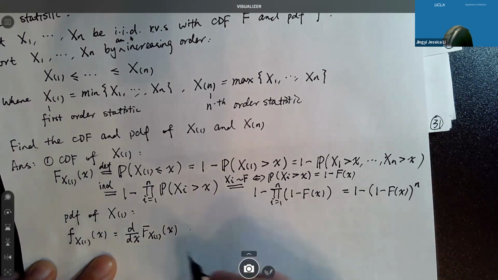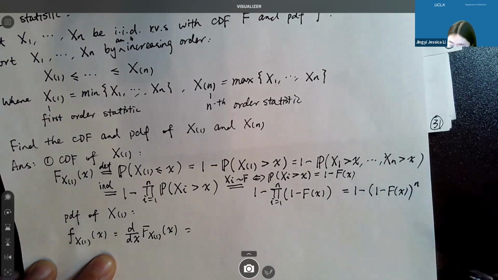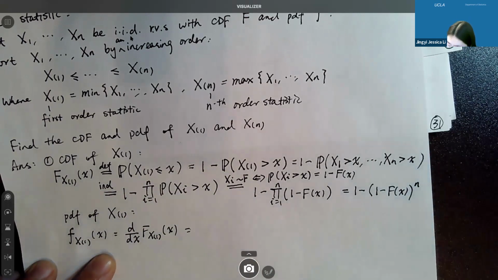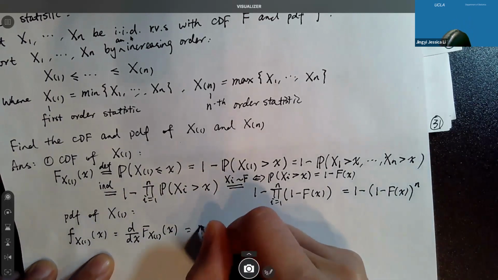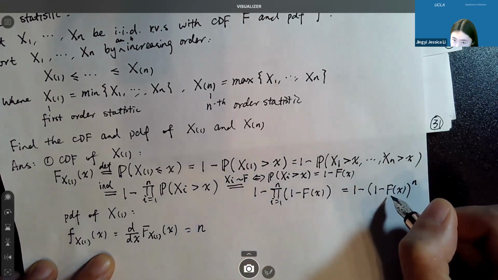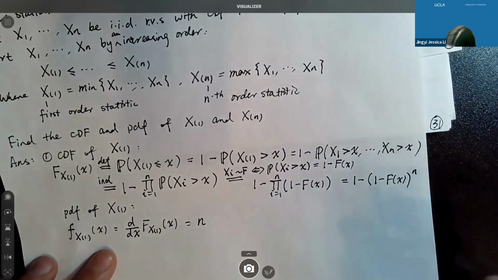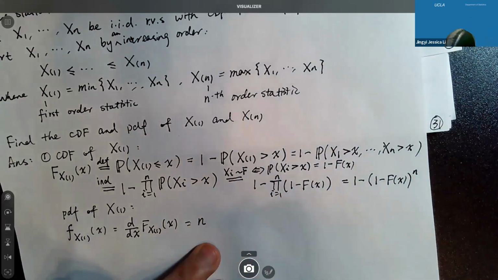Okay, and then we use the chain rule to do the differentiation. I'll just write down the result. So it turns out to be n times the differentiation of big F, which is equal to the PDF, small f. So I use that. Or maybe let me just go one more step.